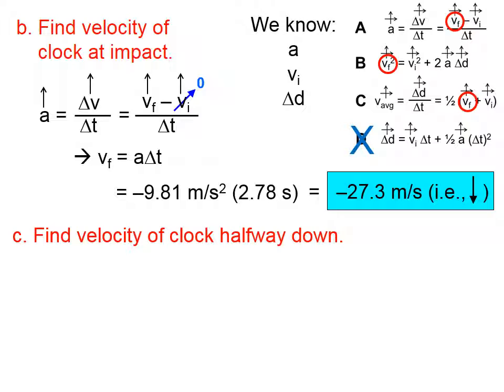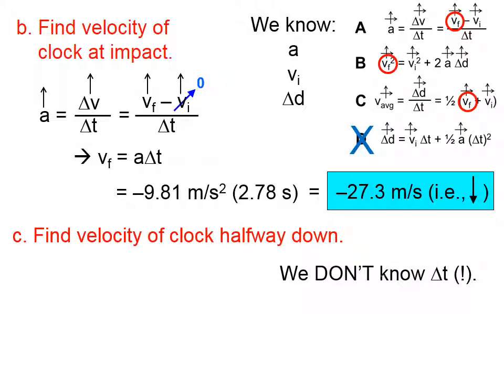We know its acceleration because it's in free fall, negative 9.81 meters per second squared. We know its initial velocity was 0 meters per second. And we know its displacement halfway down, because all the way down is negative 38 meters. So halfway down would be half of negative 38, which would be negative 19.